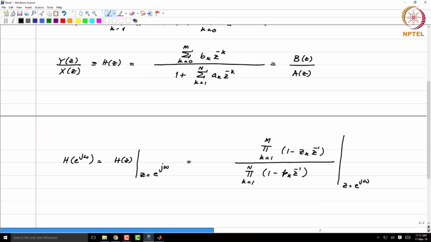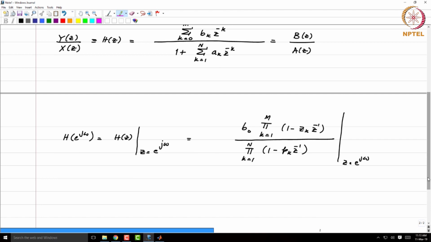Now, what is missing here? This is not quite what the previous expression is. To make it exactly equal, what is needed is b naught. Very good. b naught is needed because without b naught, if you look at the z power 0 term, the coefficient will be 1, whereas the constant term for this polynomial is b naught. So, to make this equal, you need to have b naught here.